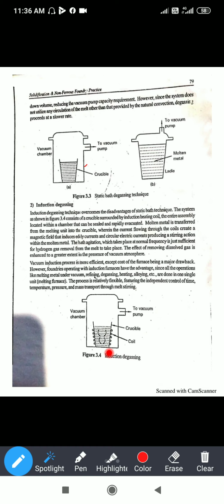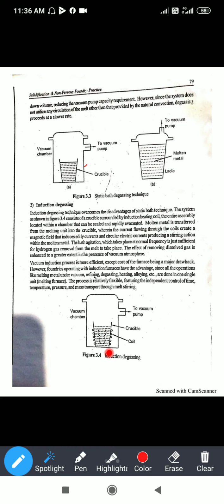Due to this stirring action, the gases entrapped in the molten metal start to be released and are exposed within the chamber. This process is done for a few minutes until the maximum gas has been released, and then finally the metal is used for pouring. So this is how induction degasification is carried out.